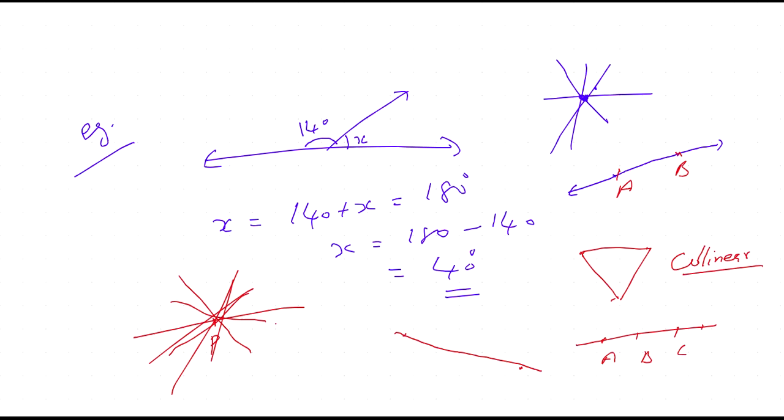Now listen here. I told you about intersecting lines. Now suppose like these two lines intersecting. Okay? So a point of intersection is there. Here we are getting angle AOB, COD, right?